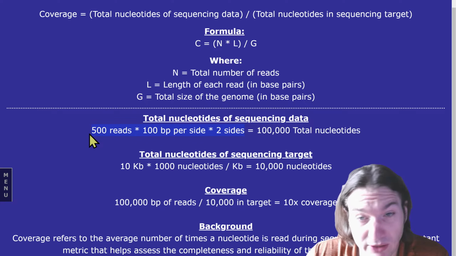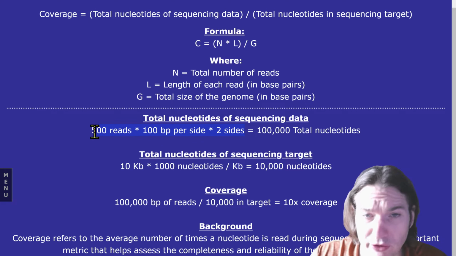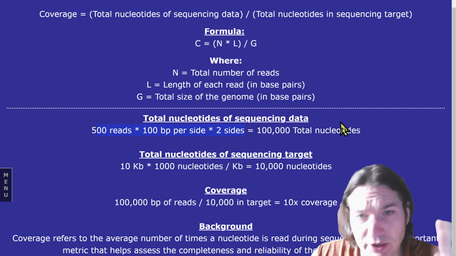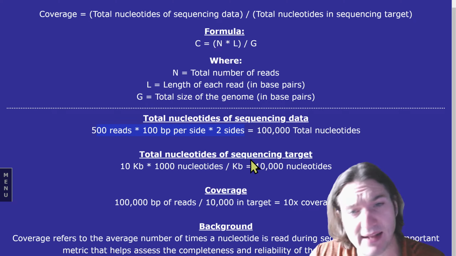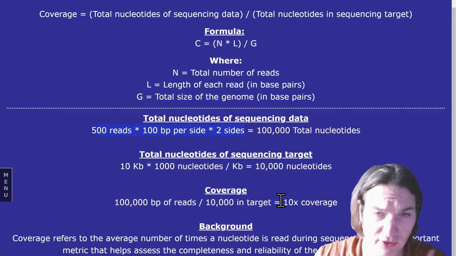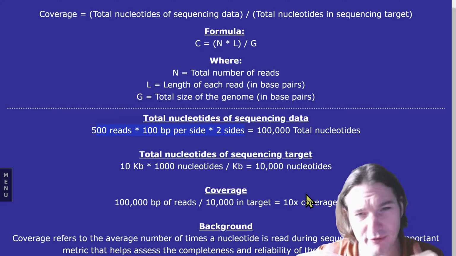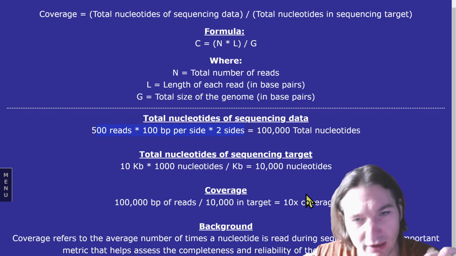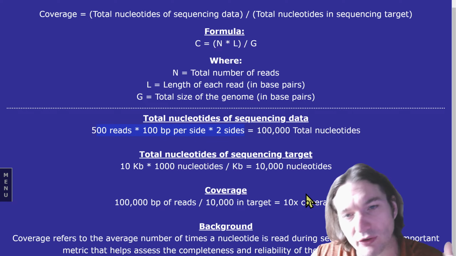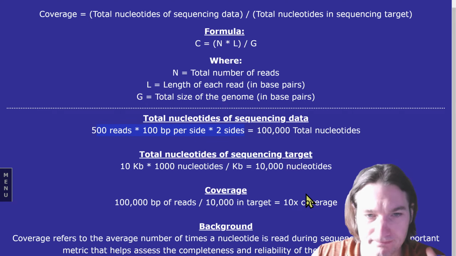In real life, it's worth an email to just clarify what this value is. But I get 100,000 total nucleotides. That's being spread out across 10,000 possible nucleotides. And so on average, assuming that every position has an equal chance, I'm going to have an average of 10 observations per nucleotide. And that's it.